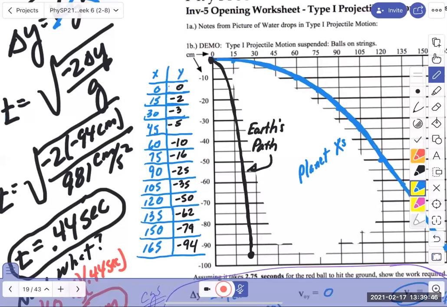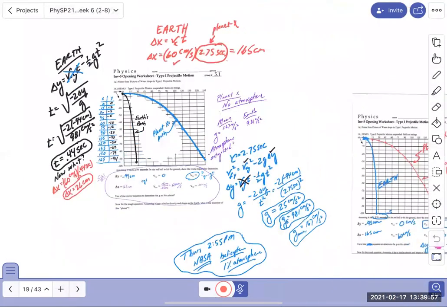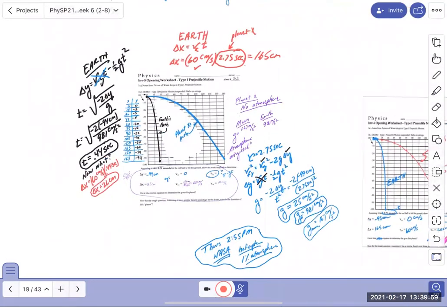Planet X path is here. Okay, so that's cool. And that's all that problem. So we're done with the front of that.